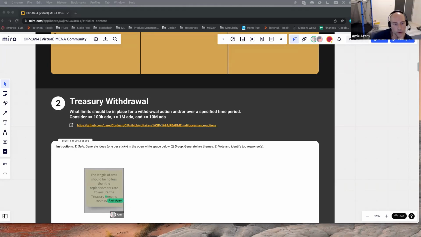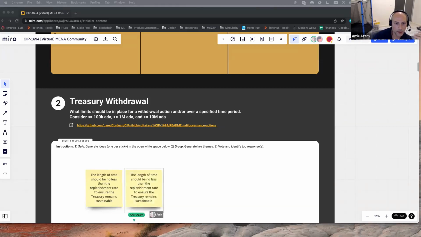Yeah, I wrote that down to ensure that the treasury remains sustainable, because I think that's important. No matter how famous, supported or loved people are, they can't get so much support that they drain the whole treasury for one project.